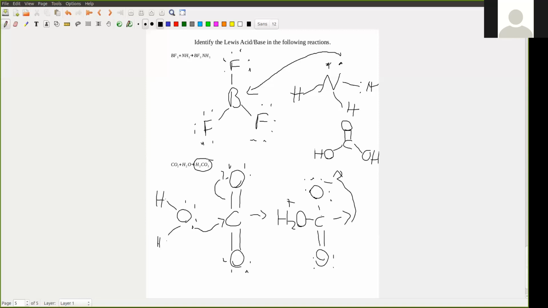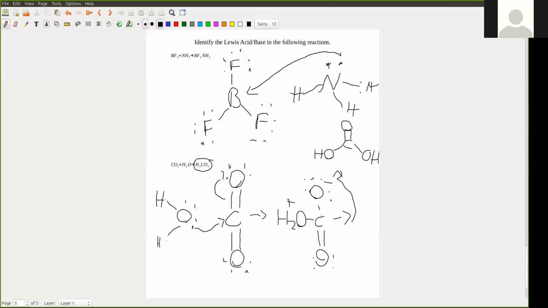You just have to figure out how best to display your species as Lewis structures. And then if it's electron deficient, you know that that's going to be your Lewis acid definitively, as was the case with boron trifluoride. If there are no electron deficiencies, you have to see which species could accept electrons without there being too much of a rearrangement.